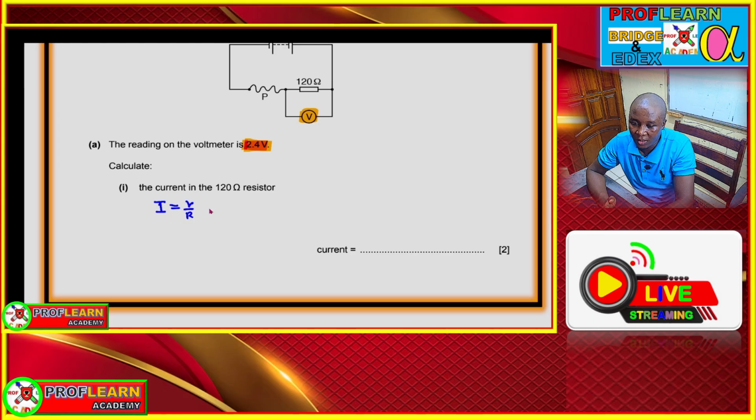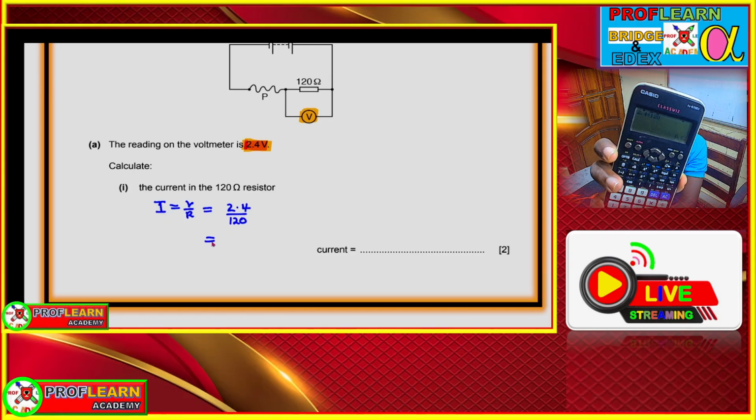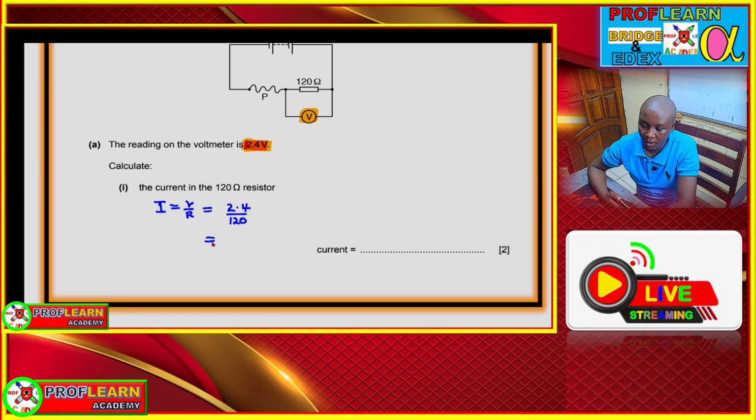Since current is voltage over resistance, voltage is 2.4 and resistance is 120. If you work it out, this is 2.4 divided by 120, and you're going to get 0.02. So we can write it down, 0.02 amperes.